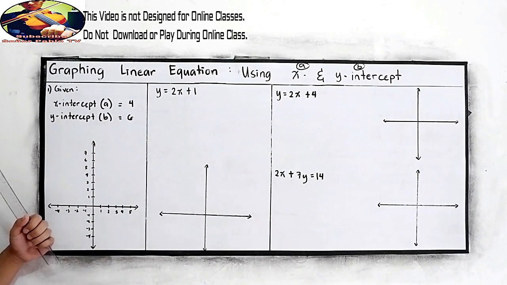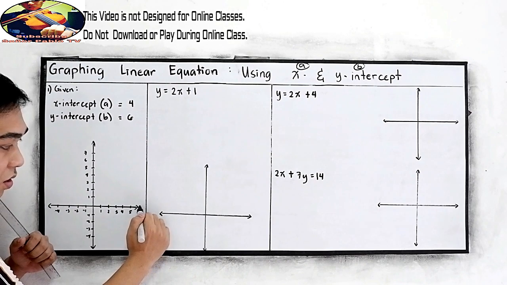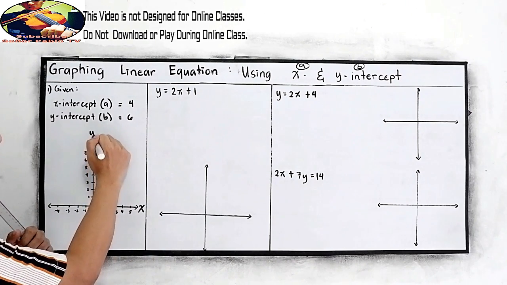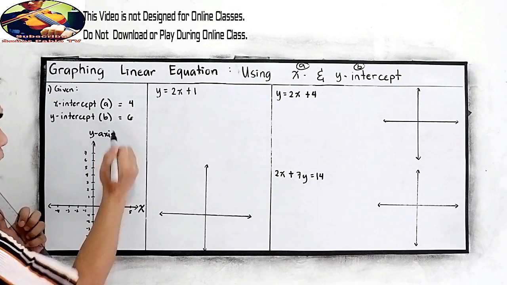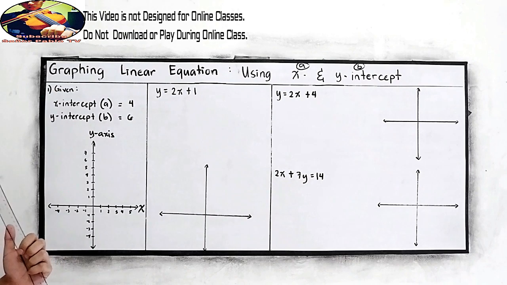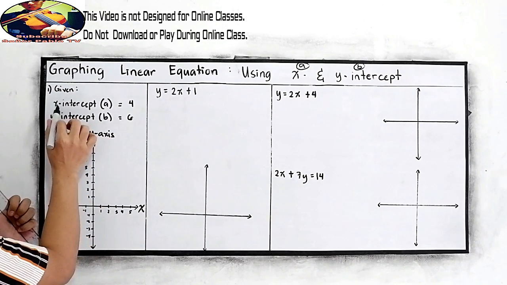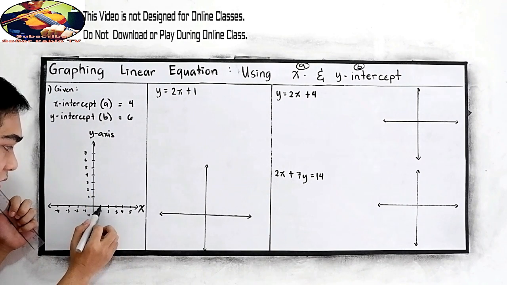is equal to 6. In our Cartesian plane, the horizontal line is called the x-axis, and the vertical line is our y-axis. Okay. Let's just plot our x and y-intercept. So our x-intercept is 4. So just locate 4 in our x-axis.